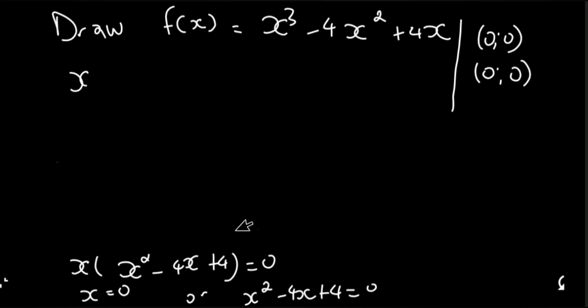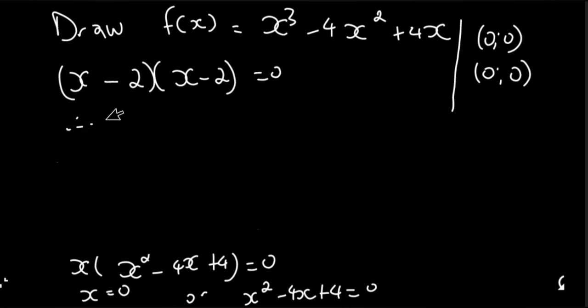If you factorize x squared minus 4x plus 4, it's going to be x minus 2 into x minus 2 is equal to 0. So x is equal to 2, and therefore another x-intercept is going to be 2 paired with 0.